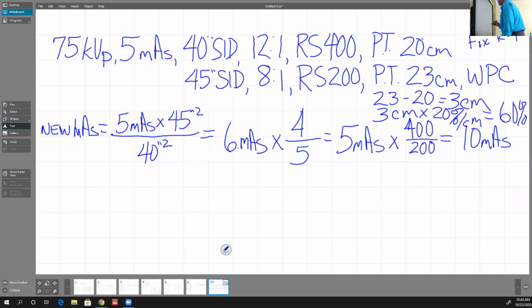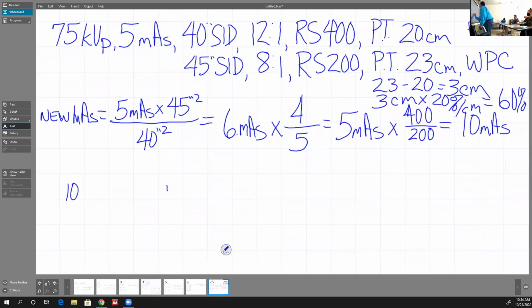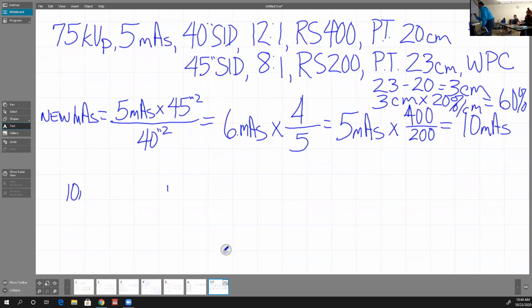So I'm going to take that 10 mass times 1.6 equals 16. Correct? Mass.